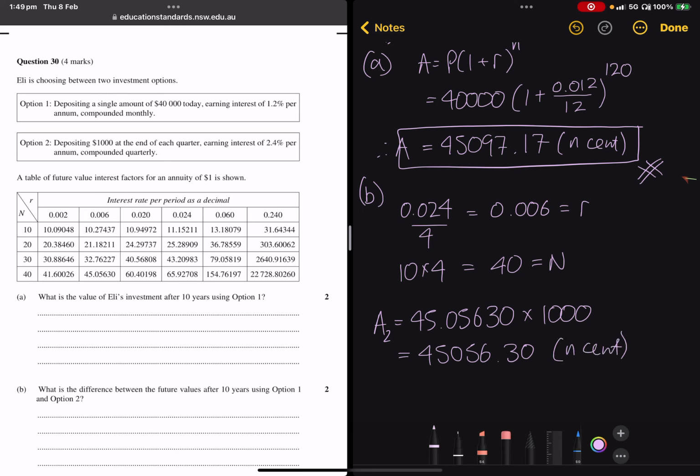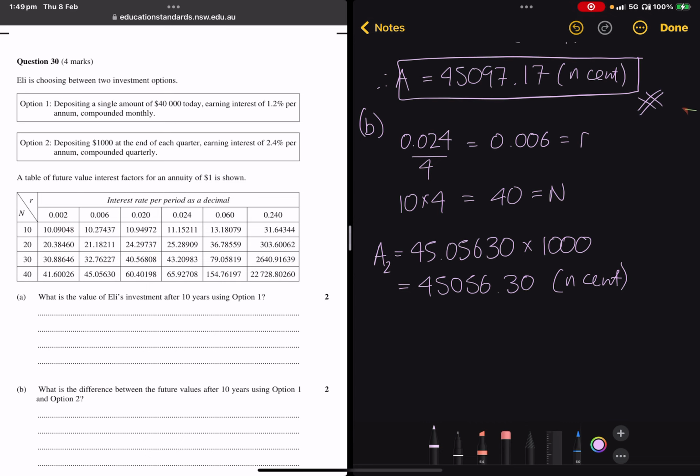So this is how much you would get if you put it into the annuity as opposed to into the single amount deposit. We are asked to find the difference. So the difference will be the first one minus the second one, 45097.17 minus 45056.30.